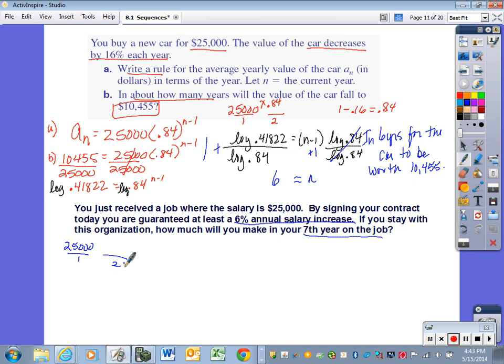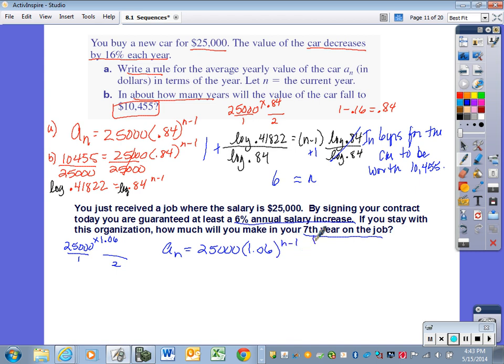What will I make my second? 6% raise. So I'm going to multiply by 1.06. 100% plus 6%. So I have geometric. A sub n will equal beginning term, 25,000, times my ratio, 1.06, raised to the n minus 1.